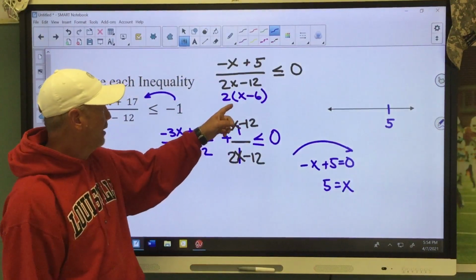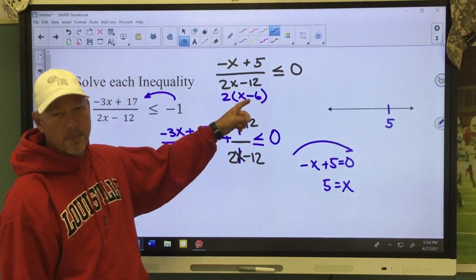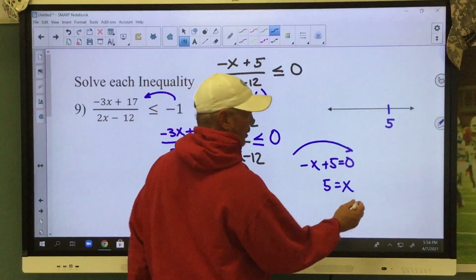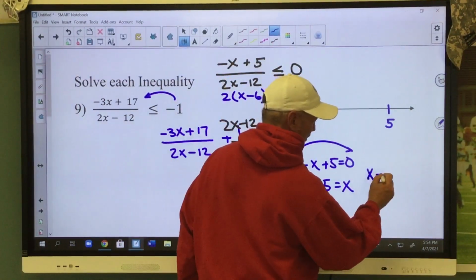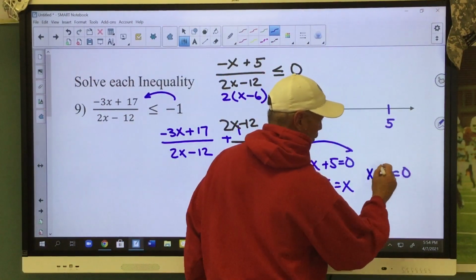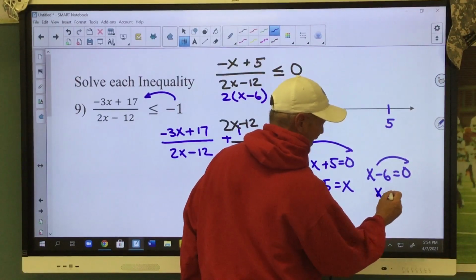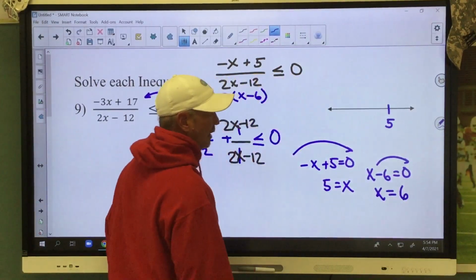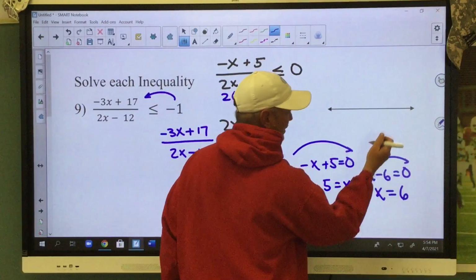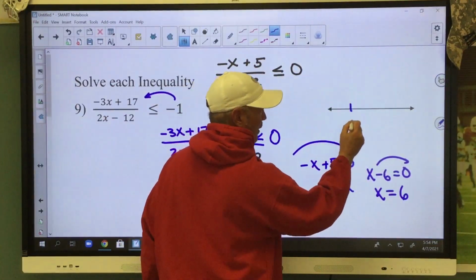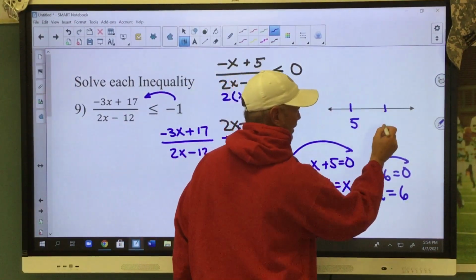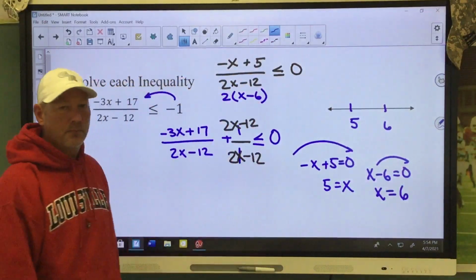In this case, we have to put the x minus 6 equal to 0. We're going to move the 6, and we're going to get x equals 6. Let's respace this. We'll put a 5 here, and we're going to put a 6 here. That's what's on our number line.